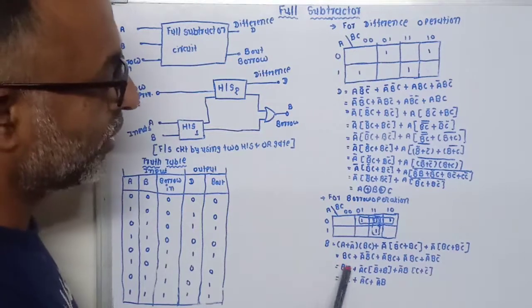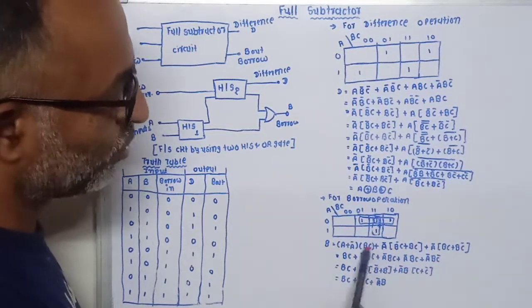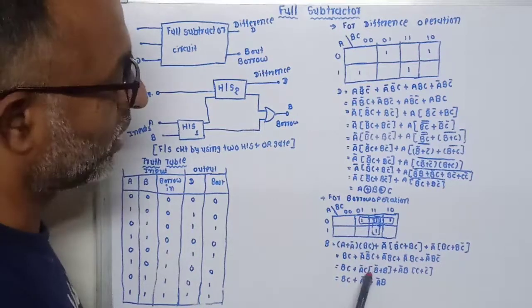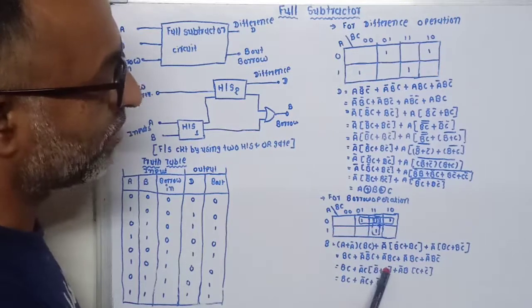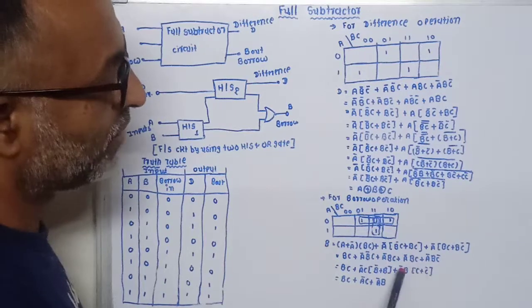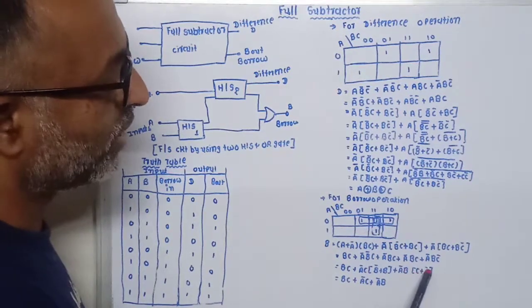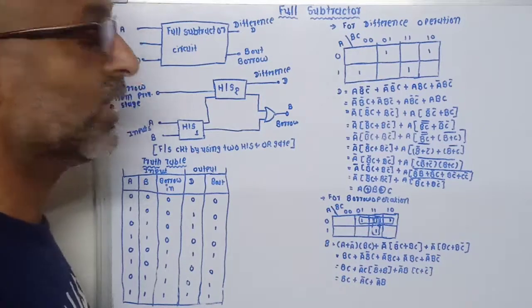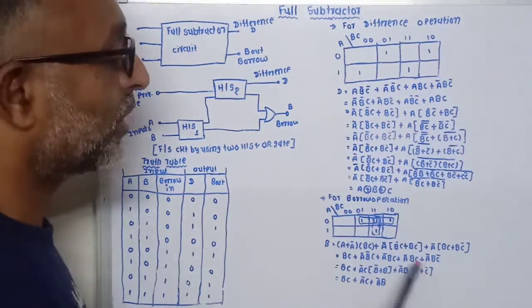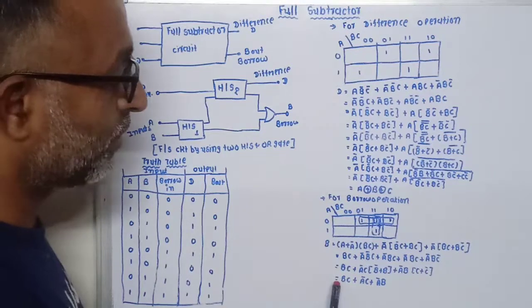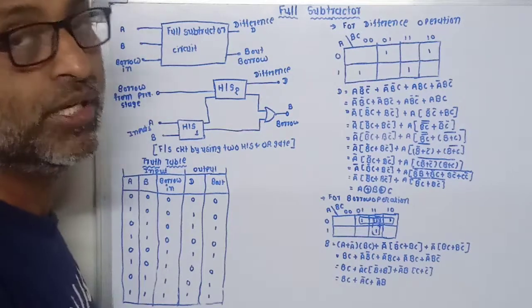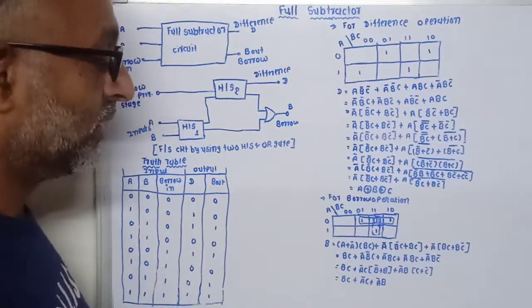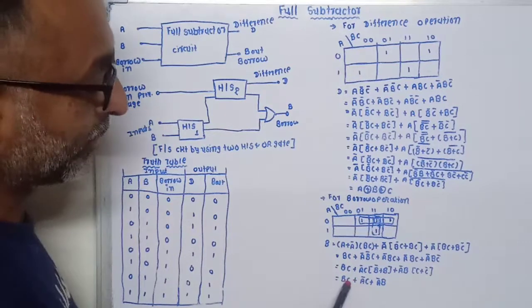So it is equal to BC plus, from these two terms we can take A bar C as common. So our equation becomes A bar C in the bracket B bar plus B. Now in the last two terms we can take A bar B as common. So our equation becomes A bar B into C plus C bar. And we have already seen that B bar plus B or C plus C bar is equal to 1. So our equation becomes BC plus A bar C plus A bar B. So in this equation you can say that 3 AND gates are required.